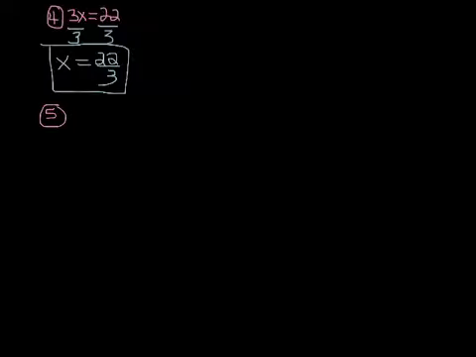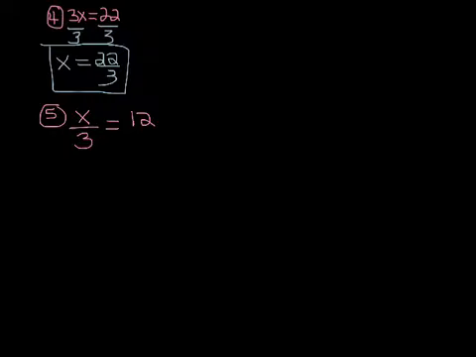So then, next problem, I have x over 3 equals 12. So the number one mistake that people make on this one is they think that the answer is 4, because 3 times 4 is 12.